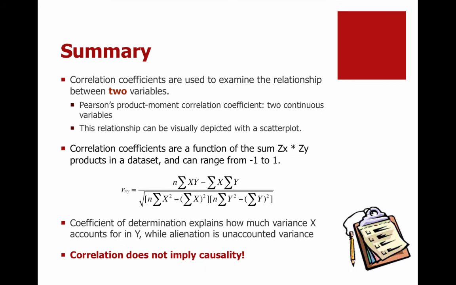So in closing, in summary, correlation coefficients are used to examine the relationship, the correlation, the connection between two variables. Thus, it's called a bivariate relationship, bivariate correlation. The one that we're going to be focusing on and that you'll be hand calculating is the Pearson's product moment correlation coefficient, which is signified as little r, and we use two continuous variables, interval ratio.